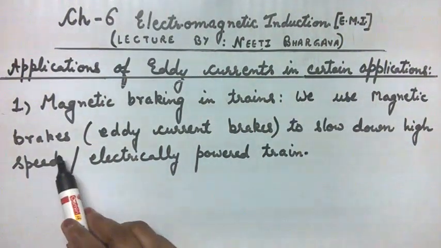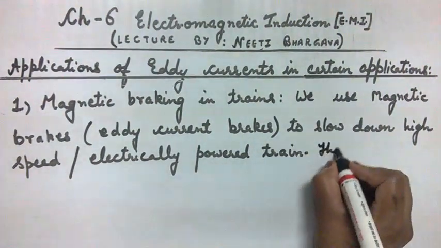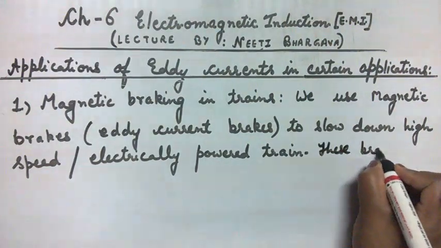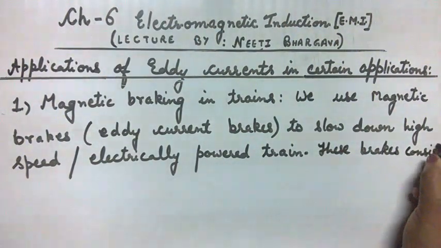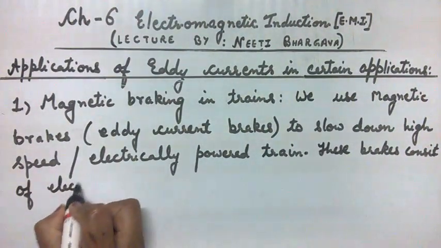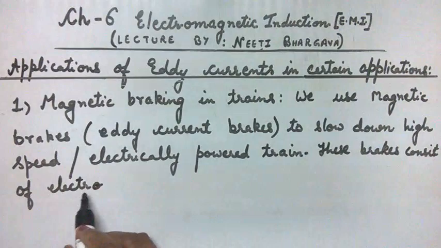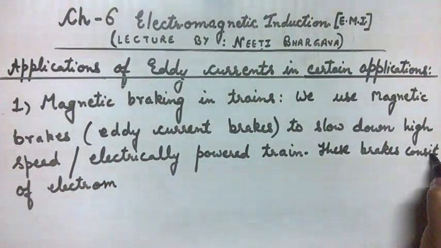These magnetic brakes consist of an electromagnet. We know that an electromagnet has a high strength of magnetic field.